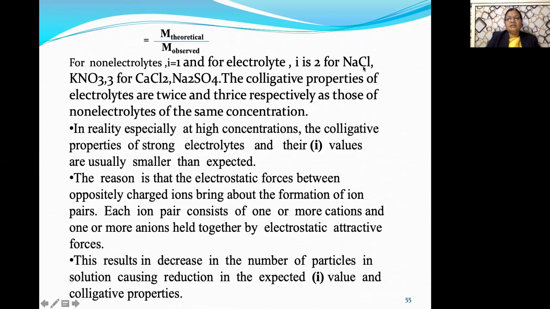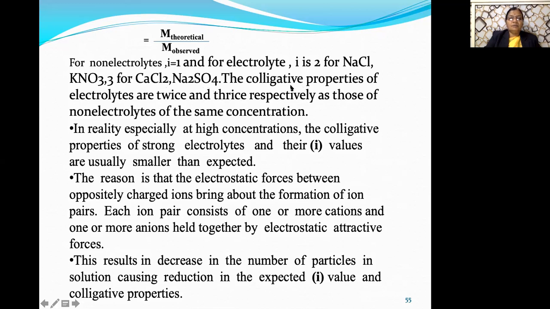For example, NaCl gives Na⁺ and Cl⁻, 2 particles. KNO3 also gives K⁺ and NO3⁻. If we consider calcium chloride, Ca²⁺ and 2 chloride ions, therefore total 3 particles. In the case of Na2SO4, 2 Na⁺ and SO4²⁻, total 3 particles.